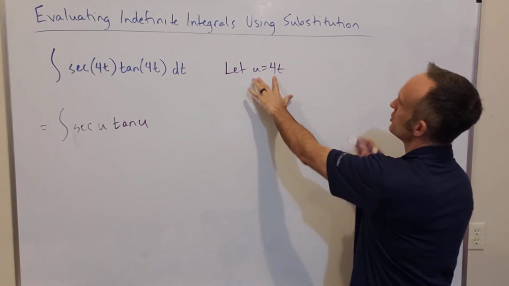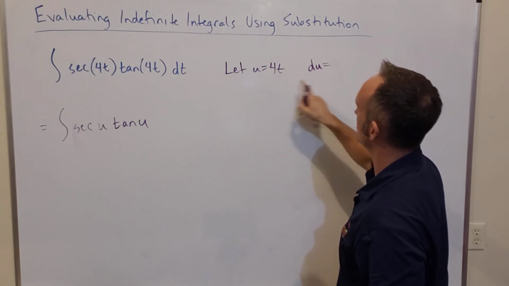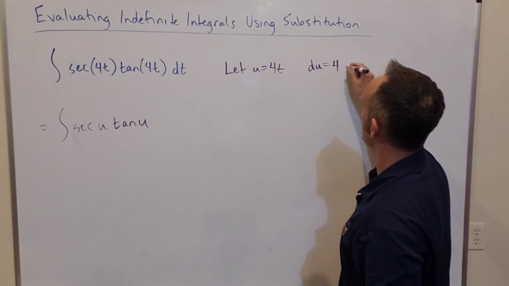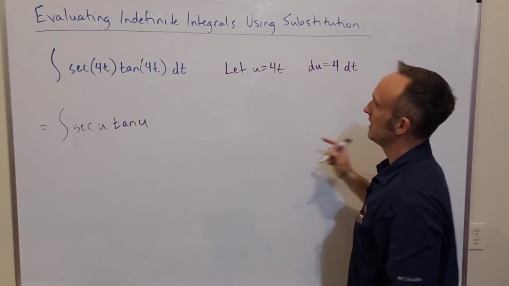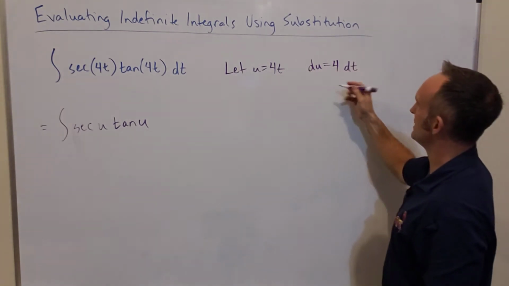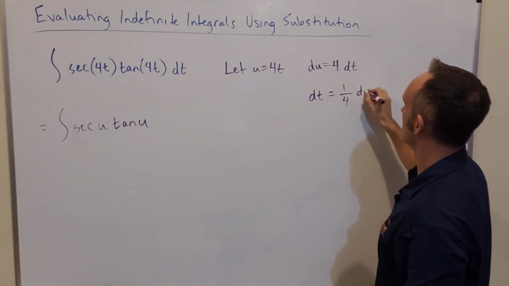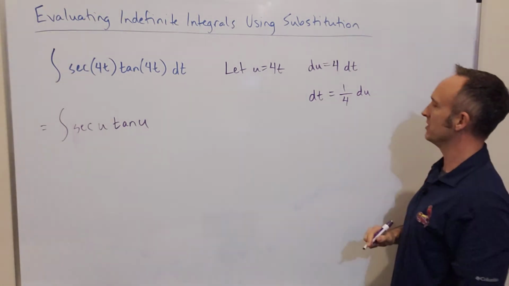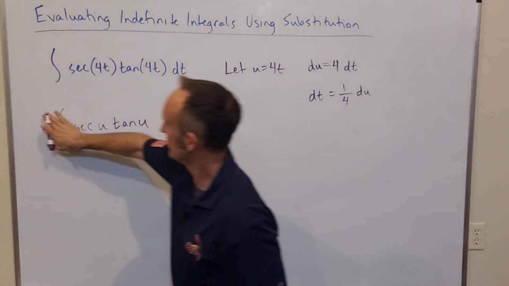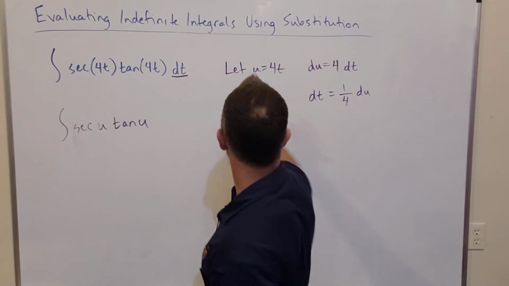I need to change this dt to du stuff. So I need to differentiate this relationship here to get du equals 4 dt. And here I need to replace dt now. So I solve for dt by multiplying both sides by 1/4, and I can see that dt equals 1/4 du. So if I'm rebuilding my antiderivative, dt is 1/4 du.